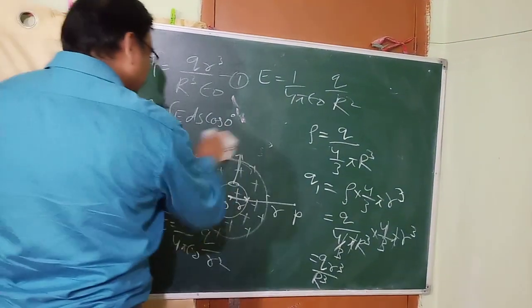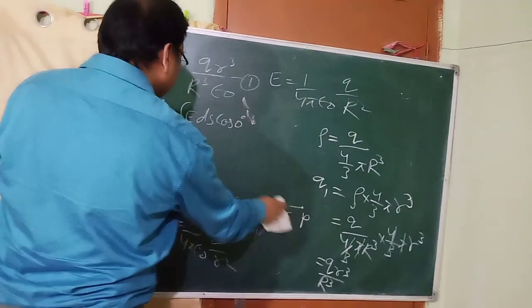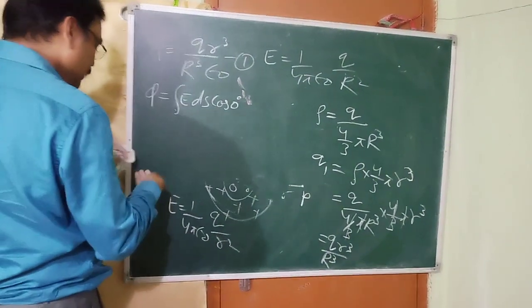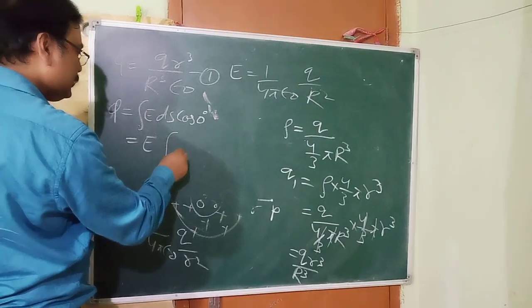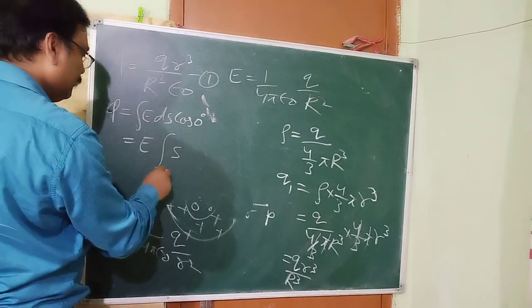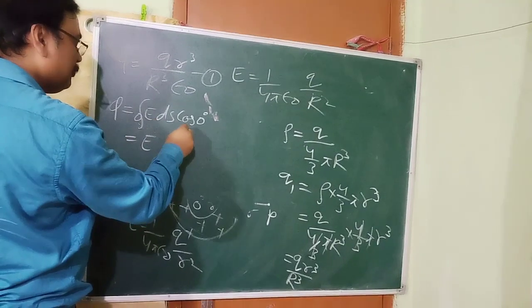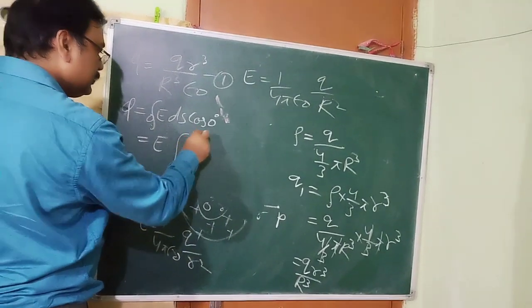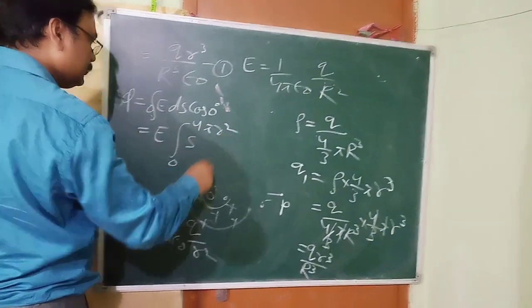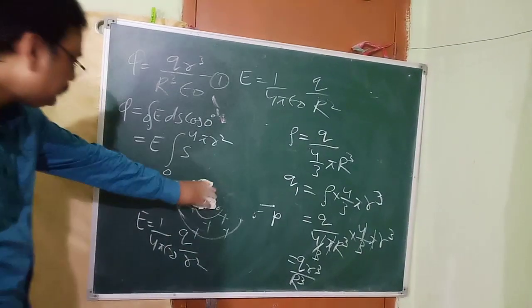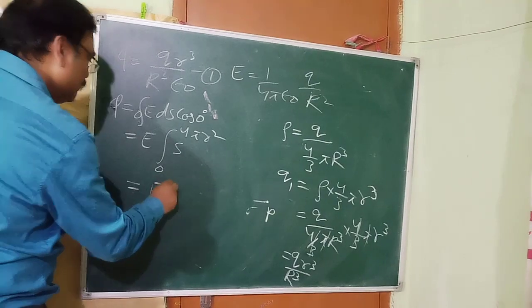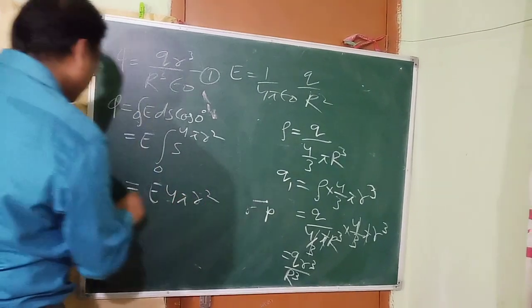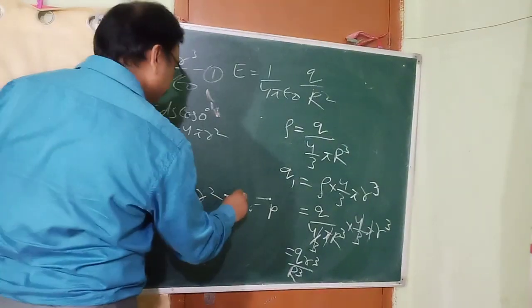So what are you going to get? E is constant, you will take it out, and ds you will integrate from 0 to the total surface area, that is 4 pi r square. So you will get phi equals E into 4 pi r square. This is our equation number 2.